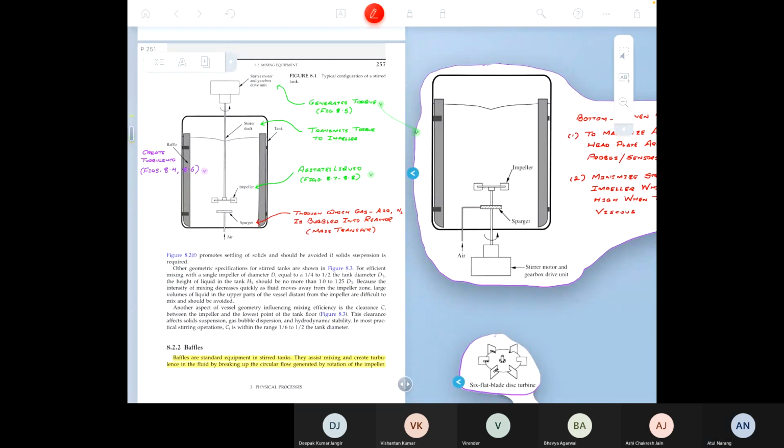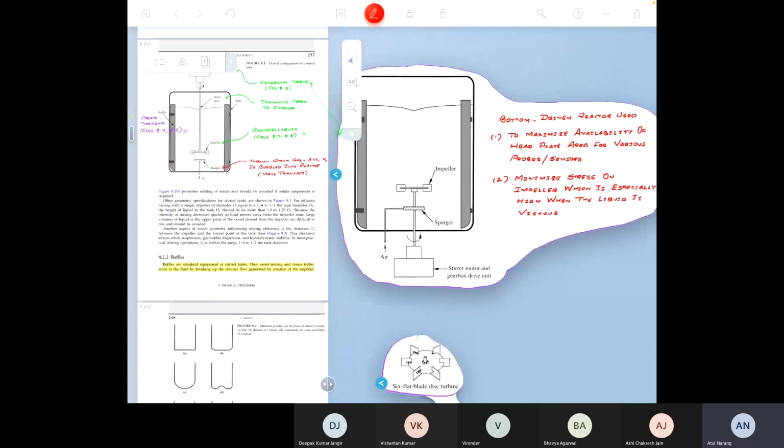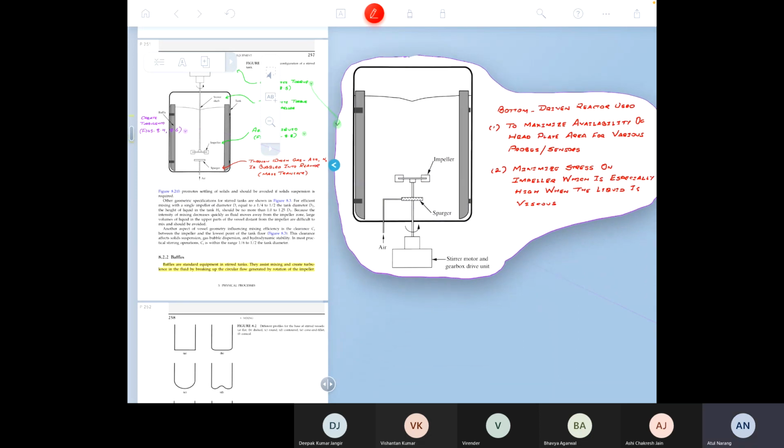If you see the picture on the right hand side, it shows what is called a bottom driven reactor.